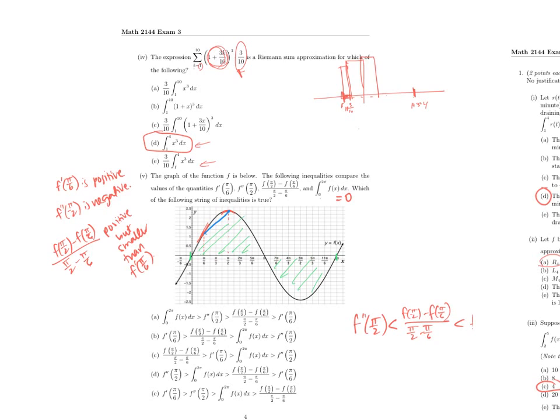Excuse me, let me erase this. The one that's equal to 0 is that integral, and then the negative one is f double prime of pi over 2. So that one's negative, that one's 0, then positive, but not as big as that one. Okay, so that's the ordering. Let's see which one works. I think it's this one, D.